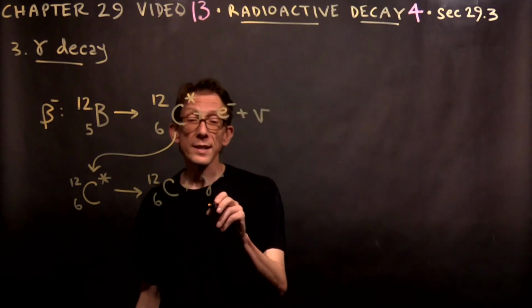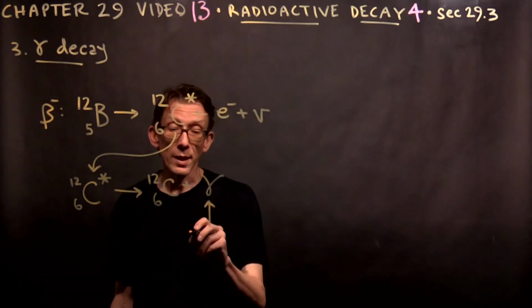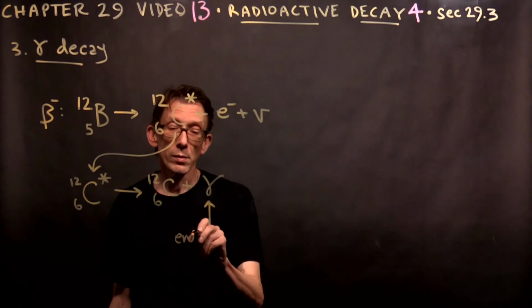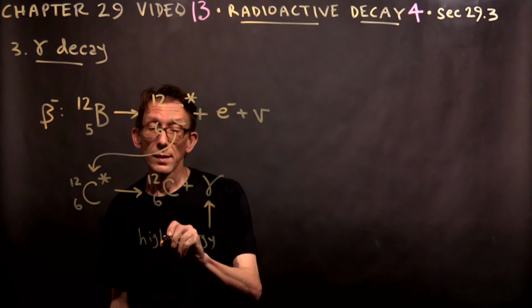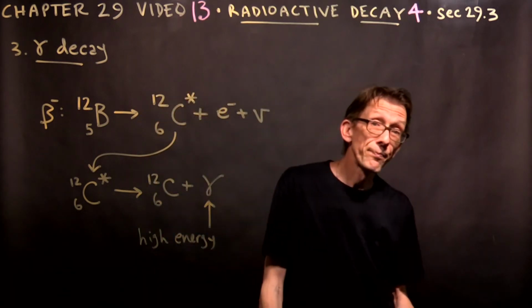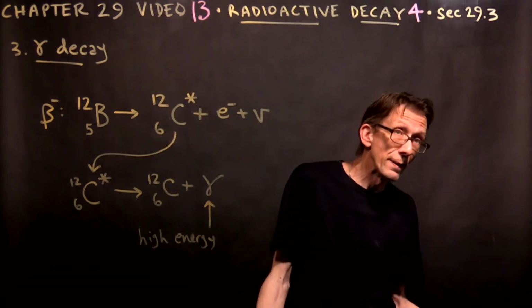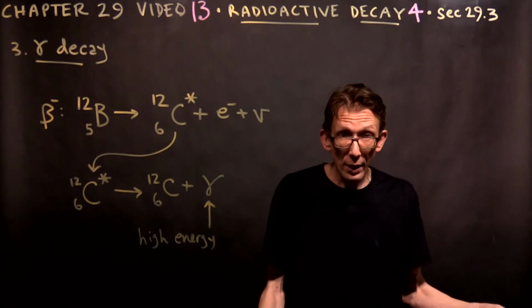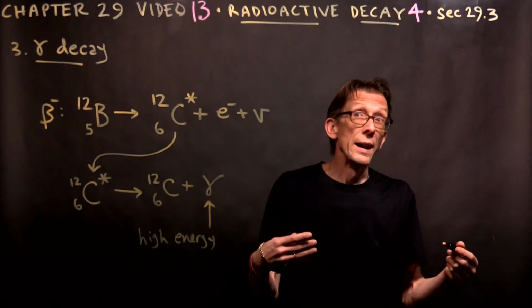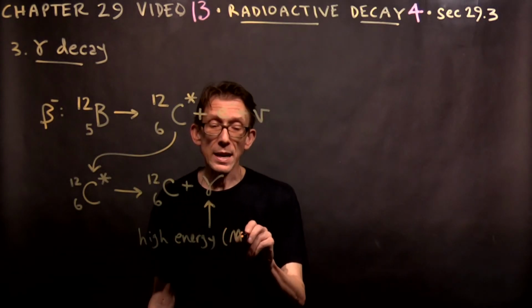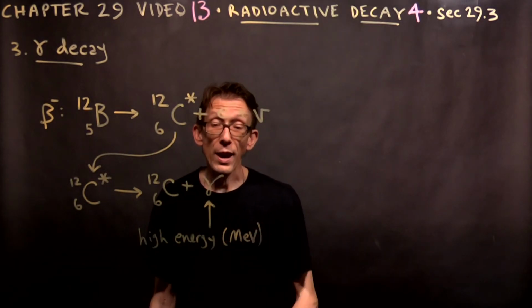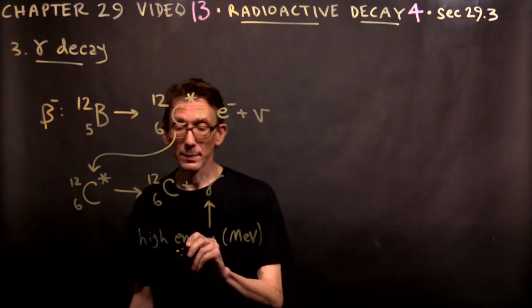So this light has high energy. Instead of a half an eV, a fourth an eV, 2 eV, whatever, that you get from an electron in an atom, this has energy up in the MeV range. They are gamma rays.